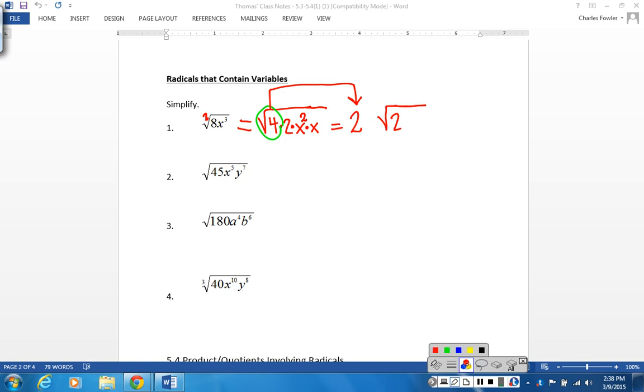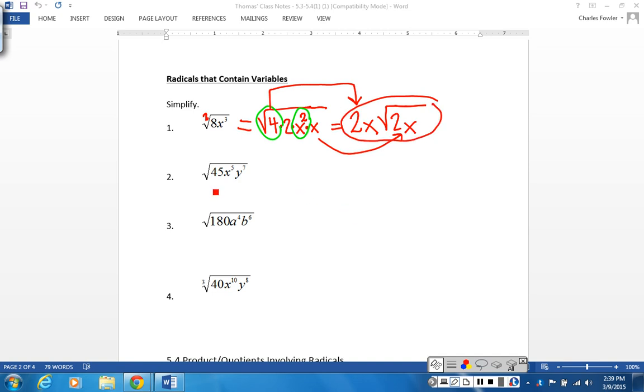The square root of x squared is x, so x will come out because of that. However, this x will stay under the radical because we don't have enough x's to make a perfect square. So your answer is 2x radical 2x.